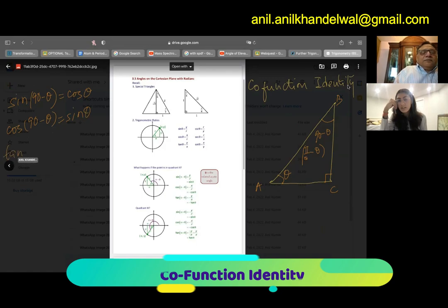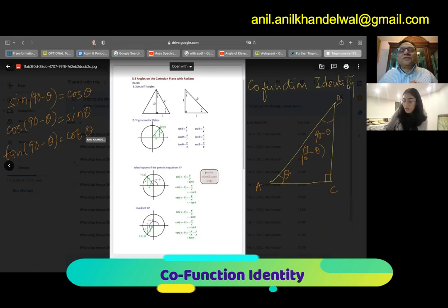Tan of 90 minus theta will be what? Cotangent theta. Cot is the reciprocal of tan. You have not done reciprocals yet, right? No, I think this is the first time we're seeing them. Okay. So tangent is a ratio of opposite over adjacent. Cot is adjacent over opposite.